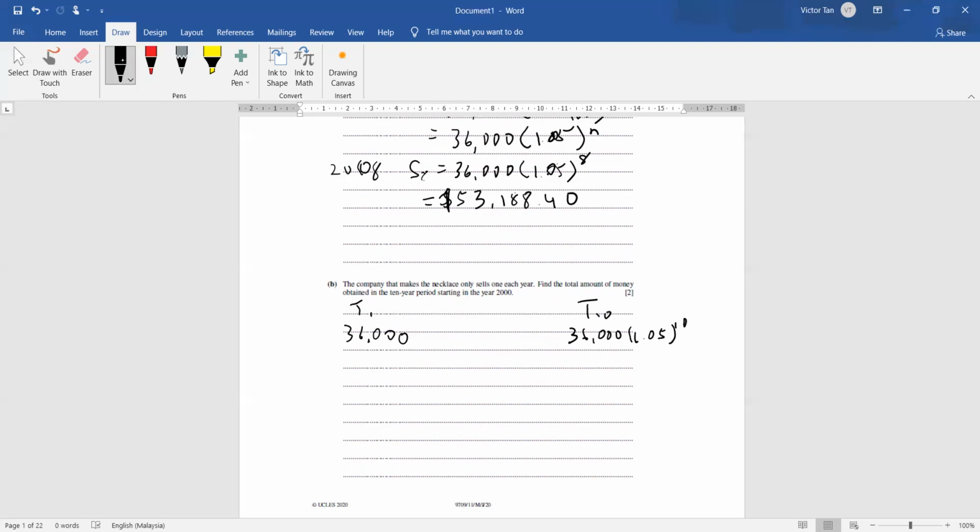So this will be a geometric series, sum of the first 10 terms. This is not the formula. a is 36,000. The ratio is 1.05. 1.05 to the power of 10 minus 1 over 1.05 minus 1, equals.